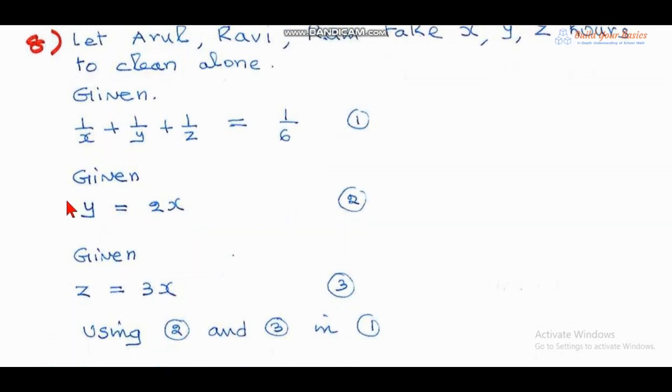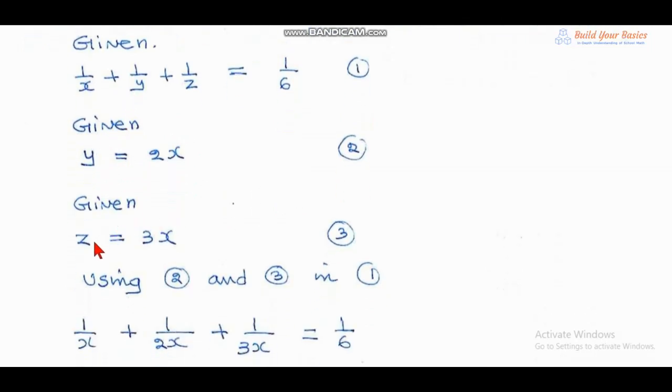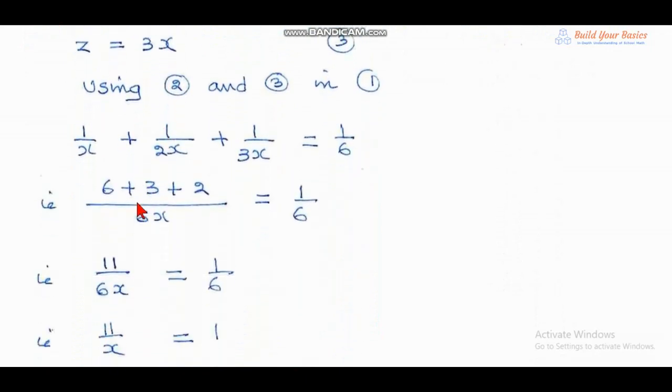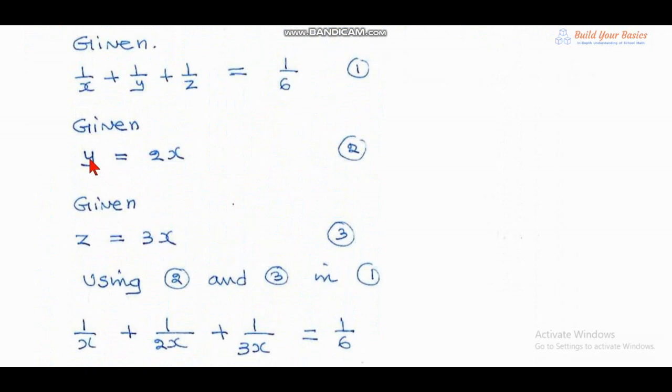Now from the second equation, y equal to 2x, 1/y is 1/2x. From the third equation, 1/z equal to 1/3x. Using the values of 1/y and 1/z in the first equation, 1/x as it is, plus 1/y is 1/2x, plus 1/z is 1/3x, equal to 1/6.